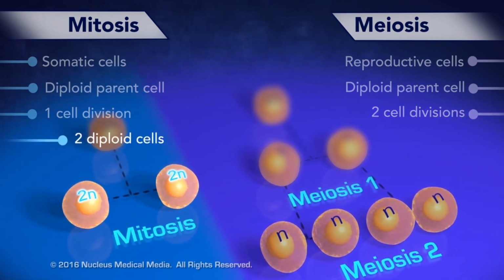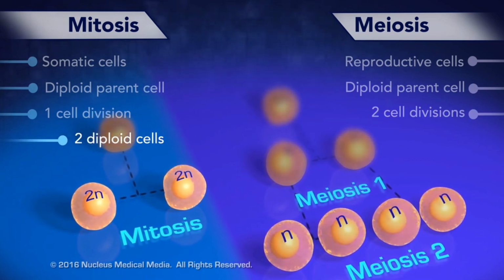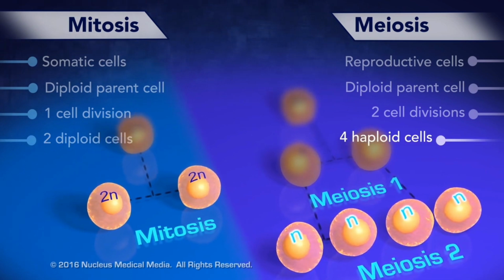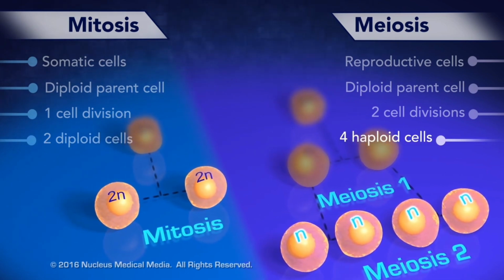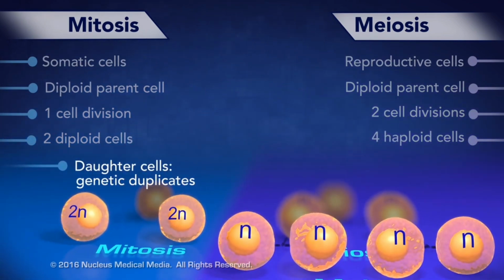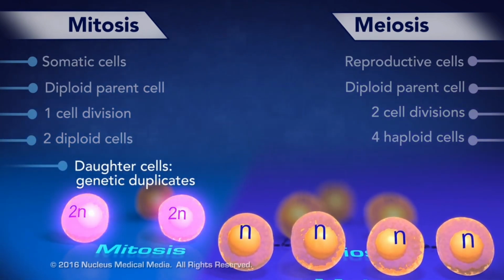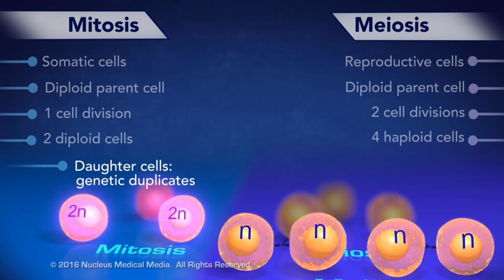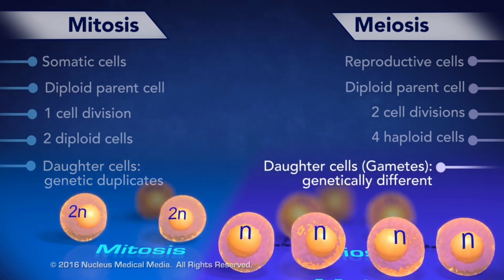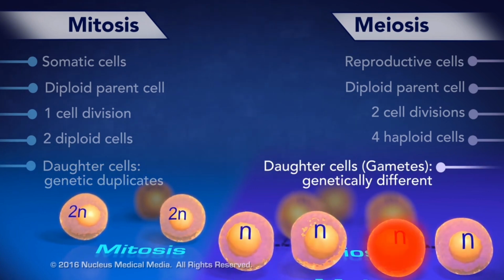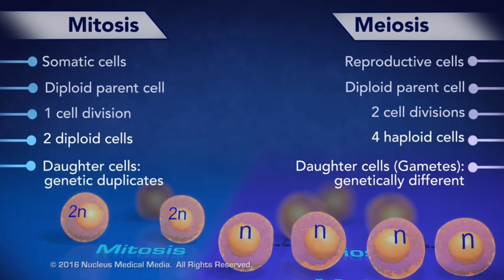Mitosis results in two diploid daughter cells. In contrast, meiosis results in four daughter cells that are haploid gametes. The two daughter cells resulting from mitosis are genetic duplicates of each other and the original cell. But each haploid gamete resulting from meiosis is genetically different from every other gamete ever formed.